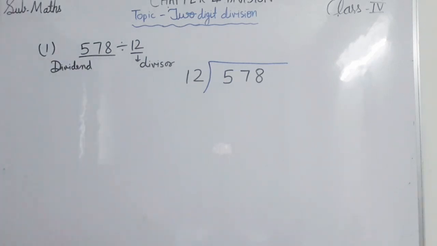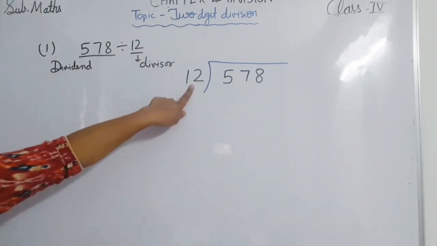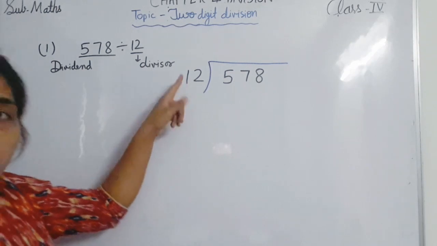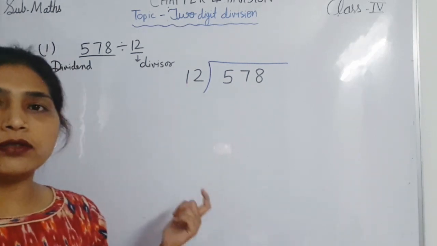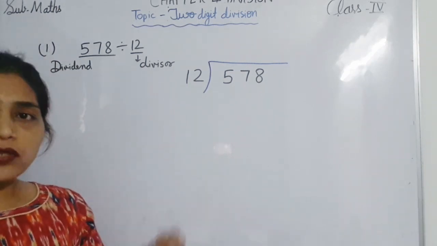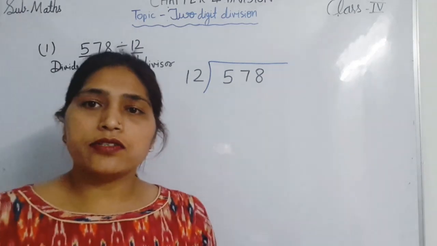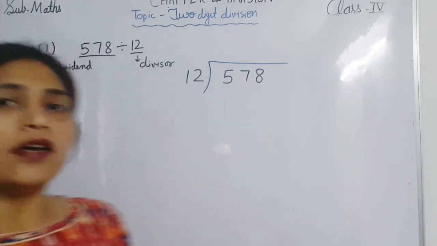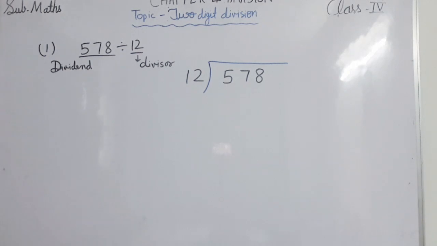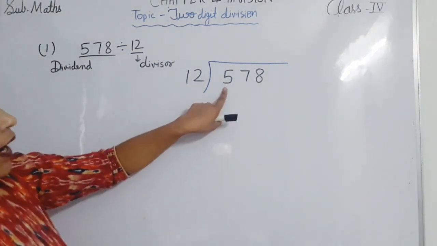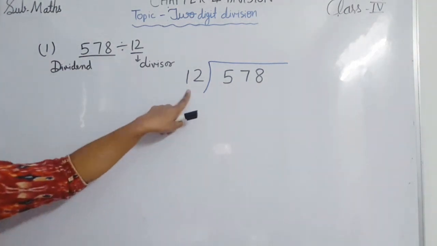Because here we need the table of 12. If you don't know the table of 12 you are not able to solve this. Okay, so the table till 20 should be on your tips. Now let's start. So first we have to divide 578 by 12.